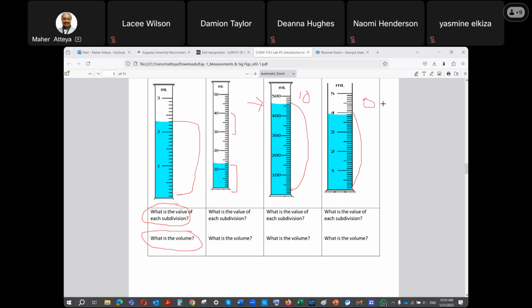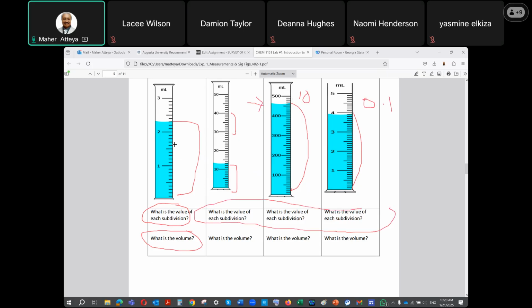0.1. Wait, so from 0 to 100 milliliters, and that third one is 10 milliliters? I'm confused. Correct? Yeah, and this is 0.1 and so on. Those are the subdivisions in the table. You have to fill those out in the table here.